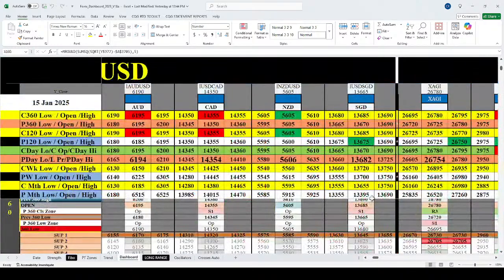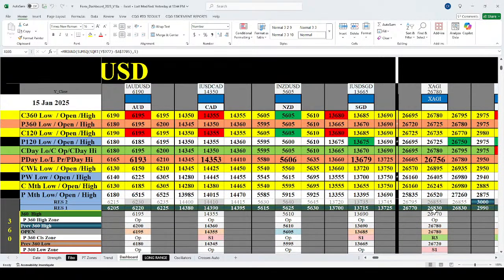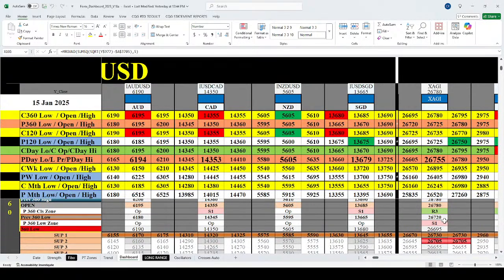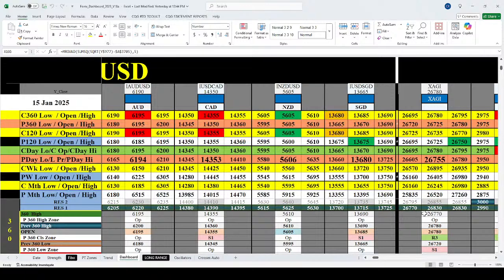Now let's see the dashboard, any confirmation. On the dashboard, we are not seeing any previous low or previous high breaks because all are trading within the range. So that is also a clue that this market is still within the range. Let's see how we can derive this. We have 2 more minutes, then we will see these levels resetting.